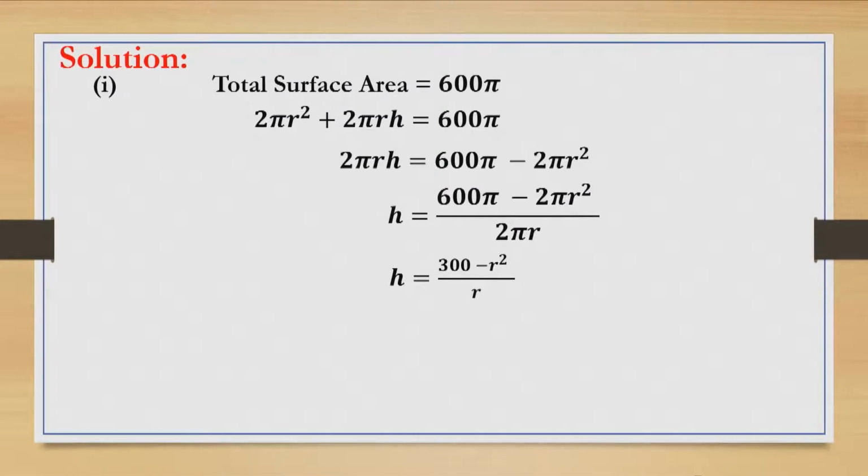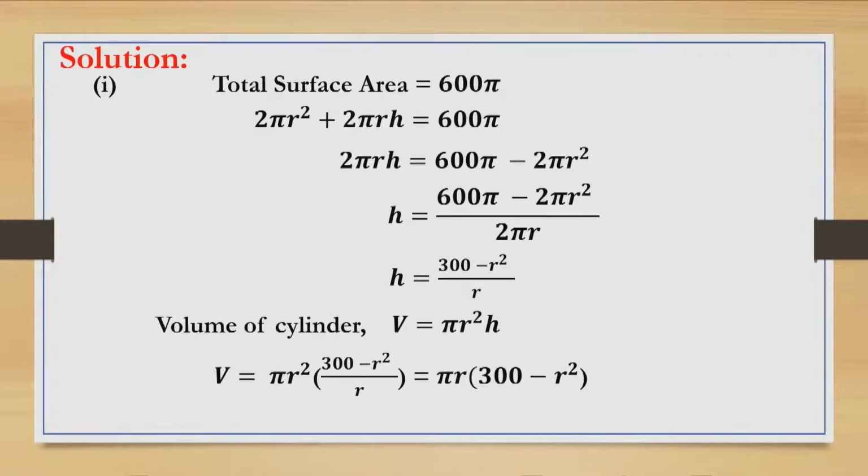over r. Now, what is the formula for volume of cylinder? Do you still remember? So volume of cylinder is pi r square h. Now, I'm going to replace the h here by the expression which I have obtained above. So volume V will be given by pi r square times h, which is 300 minus r square over r.